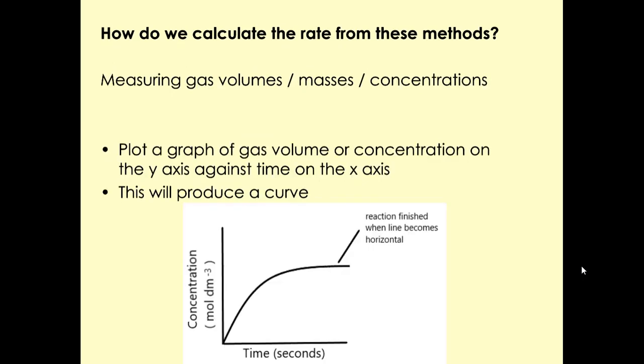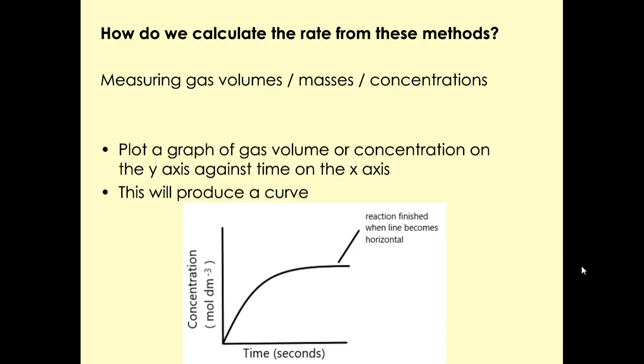If we've measured the gas volume or mass changes, or directly measured the concentrations of the reactants or products, then we get more nuance, because as well as working out the overall rate, we can measure the rate at different points of the reaction.